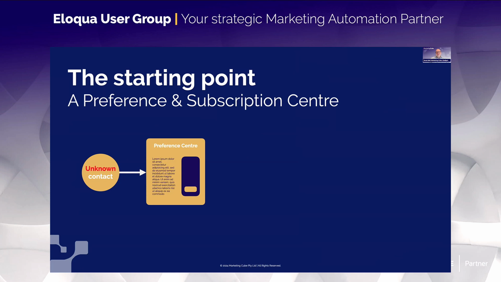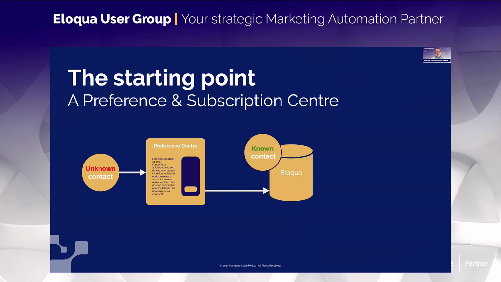There should be appropriate language in place as to opting in in that particular scenario. Let's assume that's a yes. They tick the box. They come into Eloqua, and now they're a known contact.